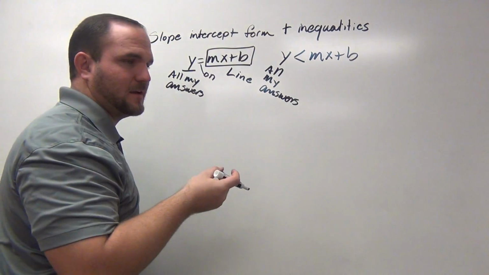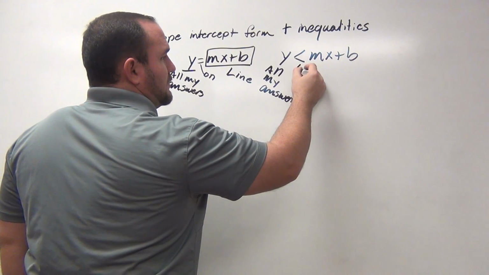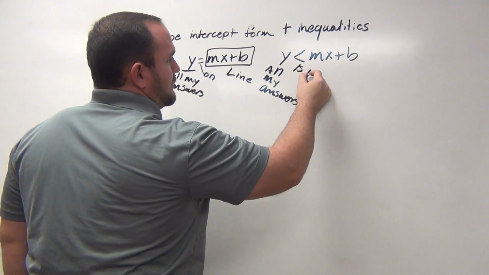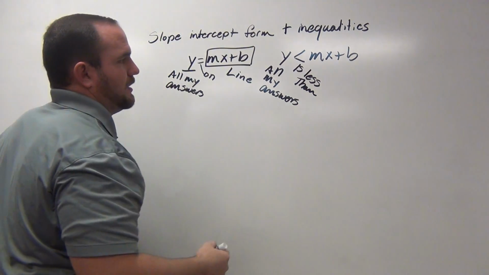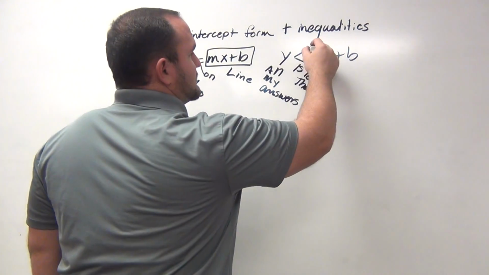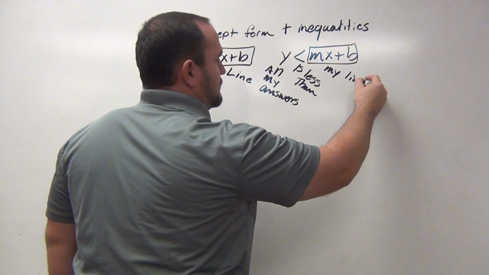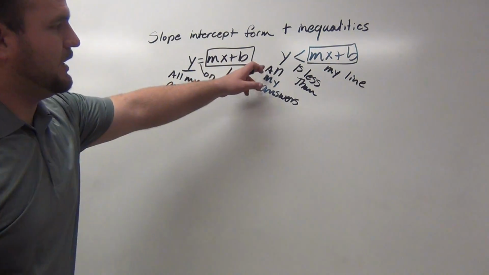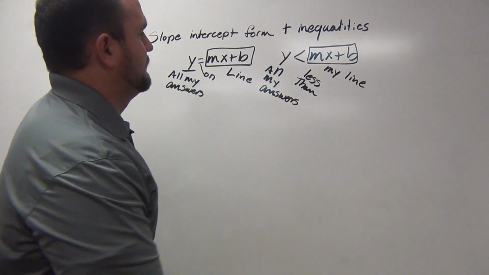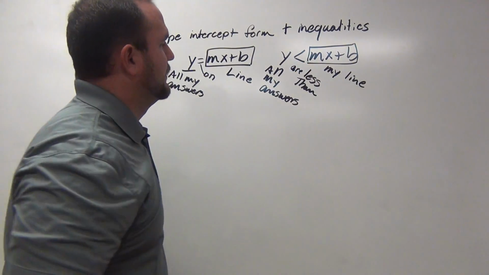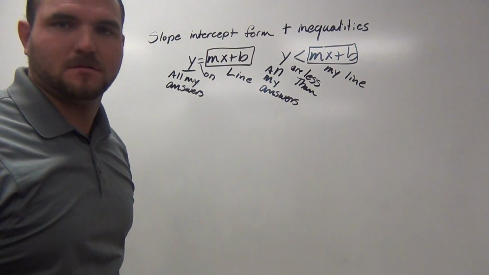So the small side, hitting it first from left to right, is a less than. So all my answers are less than my line.